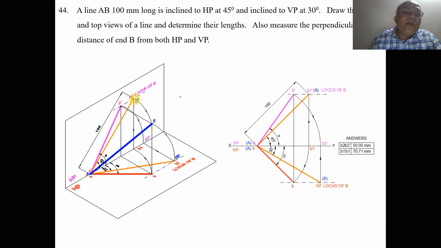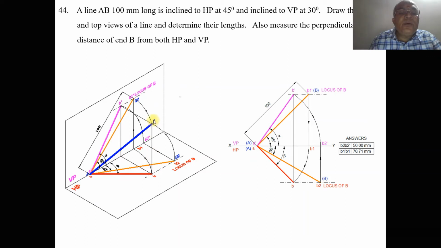So that means when you are rotating in space, what happens to the image? The image in the top view, we can see that B1 is also rotating such that B1 will come and touch the locus of B. So capital B1 will rotate till it hits the locus of B in the top view.